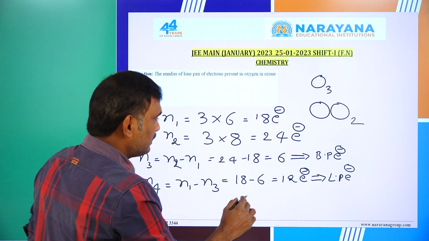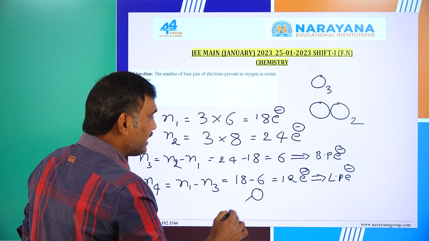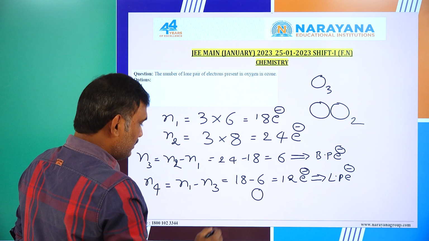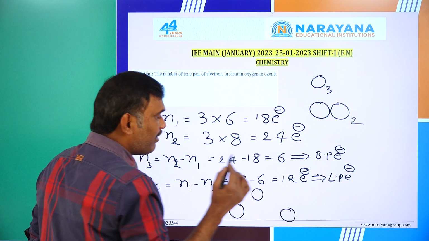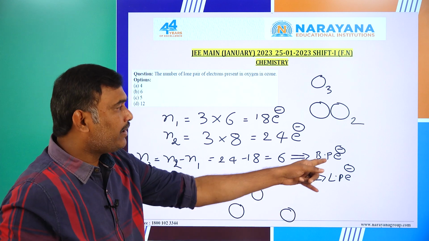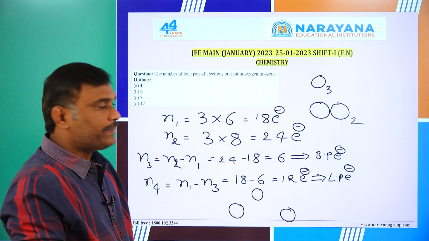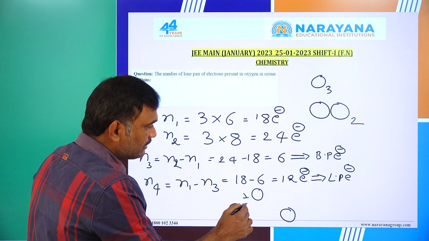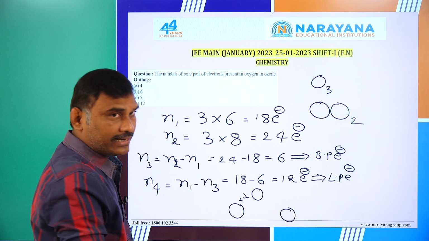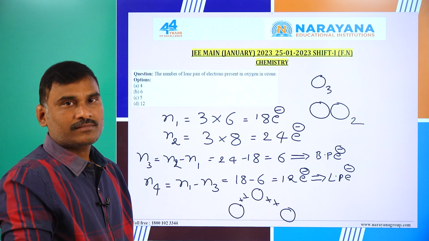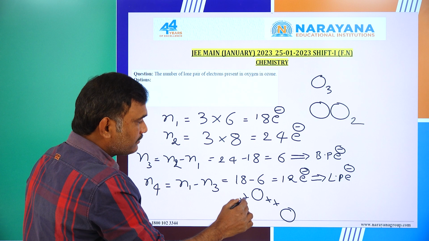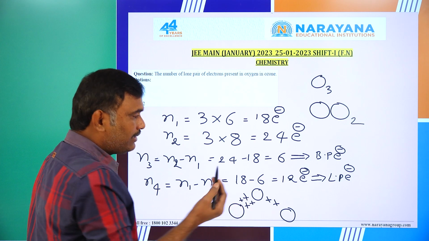Okay, now based on that, arrange the bond pairs and lone pairs in the given species. How? This is the central oxygen atom. Let us take these as the surrounding oxygen atoms. How many bond pair electrons are given? 6 bond pair electrons. One bond pair, another bond pair, and one more bond pair is there, like this.